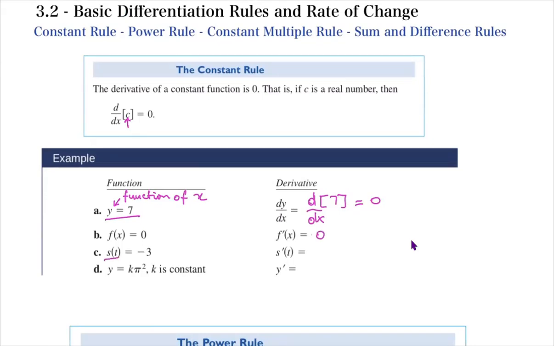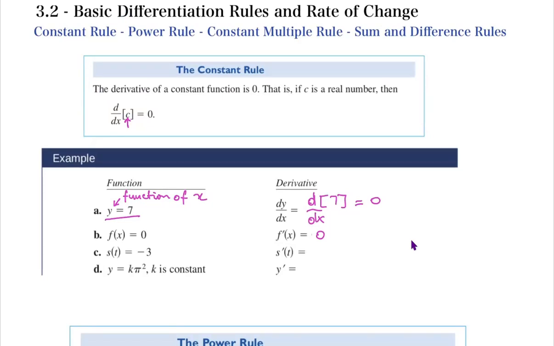s of t, which is usually the notation of the position of a particle, s of t equals -3. So s of t is constant. The variable is t.